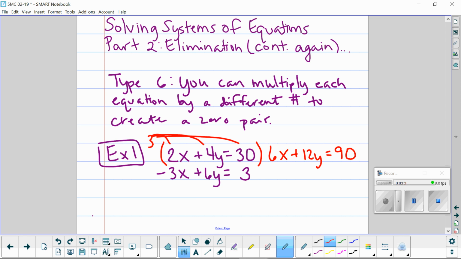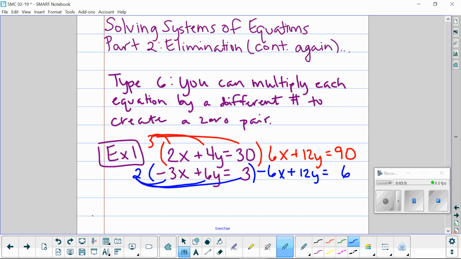And then now to create the opposite, I could multiply this bottom equation by 2, so that I'll have 2 times -3x, which is -6x, and that will be my zero pair. But I have to multiply everything by 2, so that's going to give me 12y, and then 2 times 3 is 6.